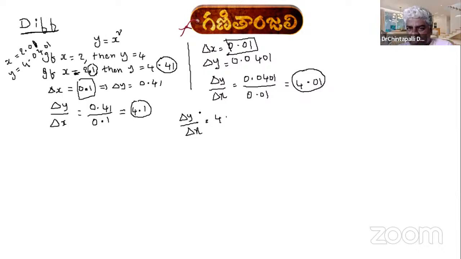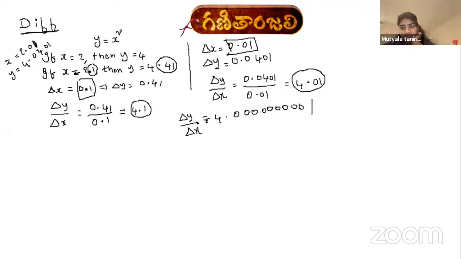Next it is 4.01. Next it will be 4.000000001, maybe like this. So if we keep on reducing the value of delta x, if the value of delta x is 0.000, some 100 zeros and 1, then the value of delta y by delta x is like this.